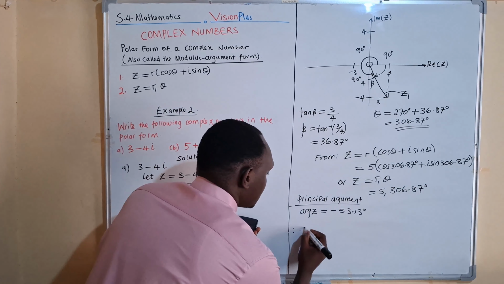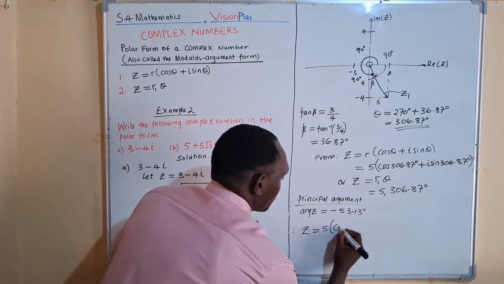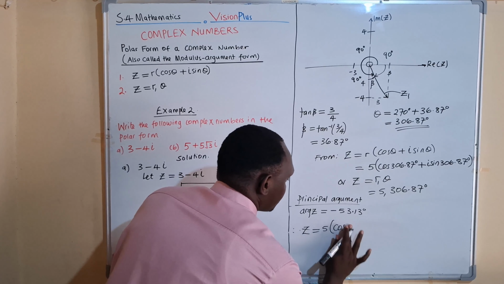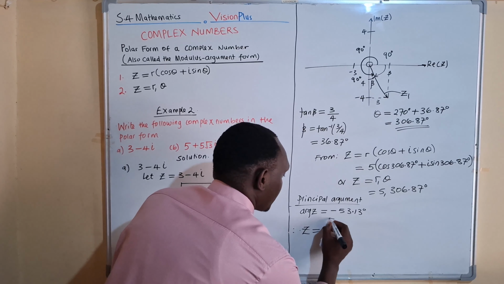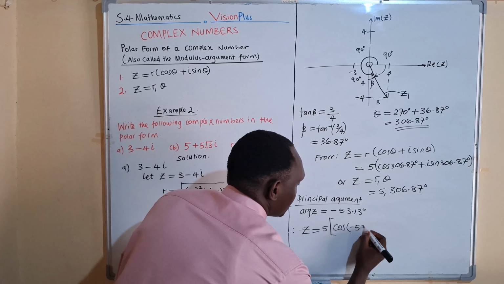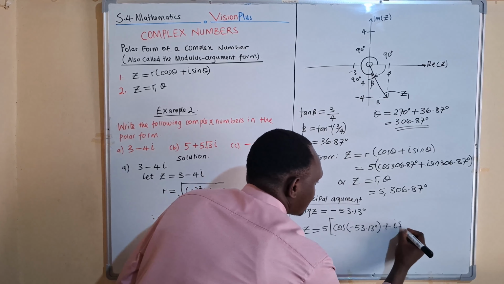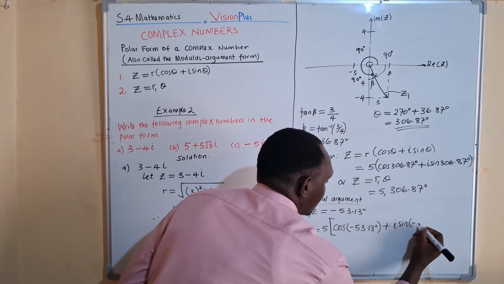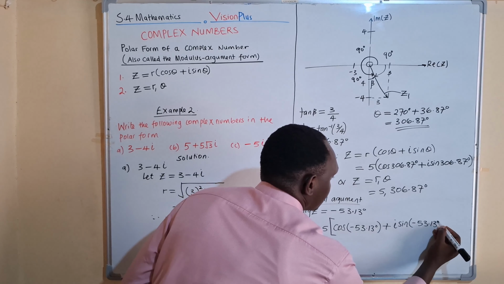Now, what if we had used it instead? That would mean that our polar form becomes 5 into cos of negative 53.13 degrees plus i sine of negative 53.13 degrees.